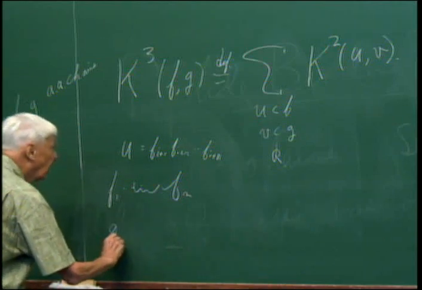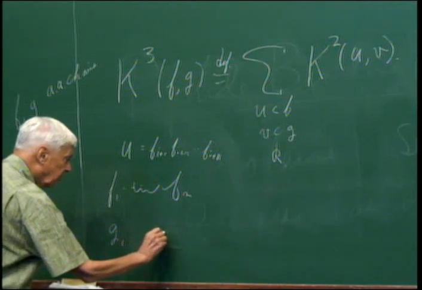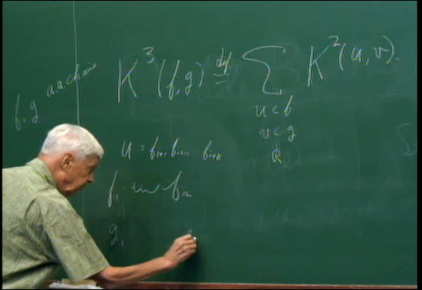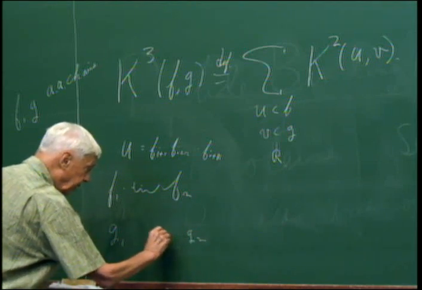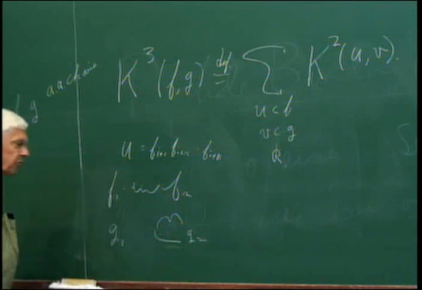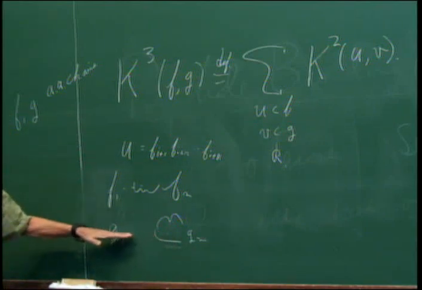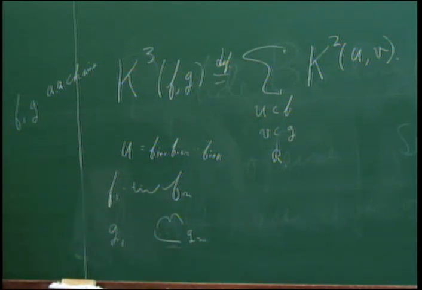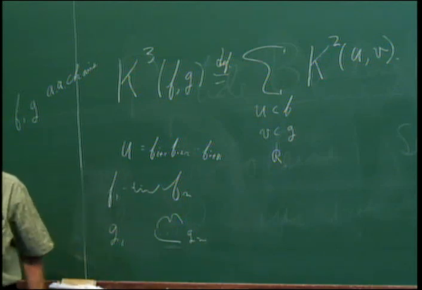G might be G1, and this could be G of different length, and this could be over here. Two substrings of length K in very different positions in the two amino acid chains, F and G. So we're trying to sum over all possible pairs.